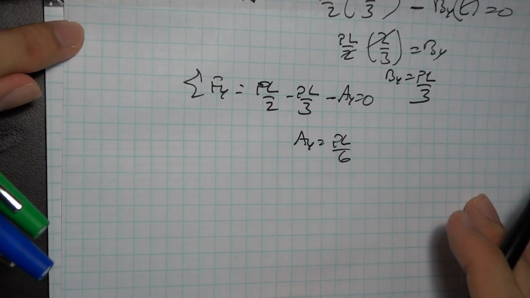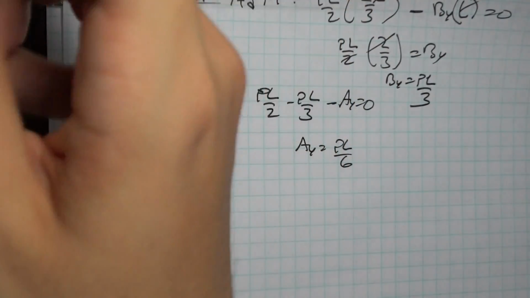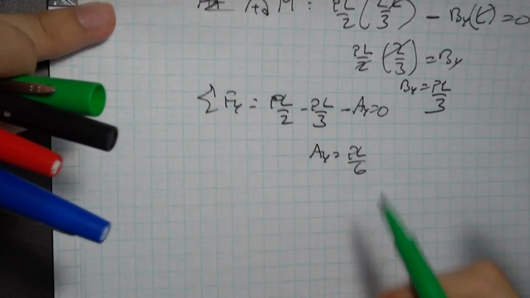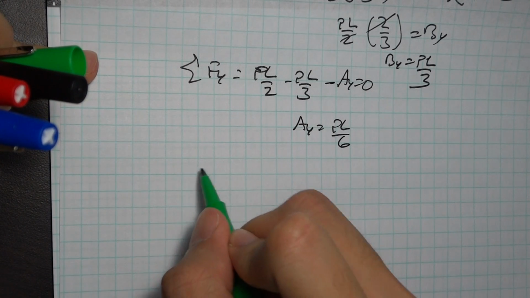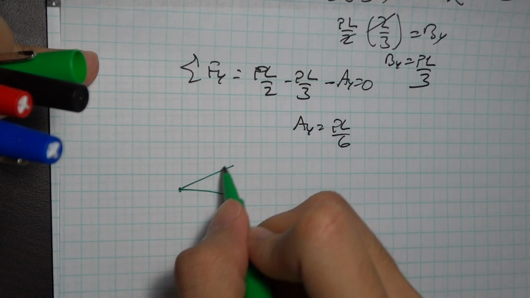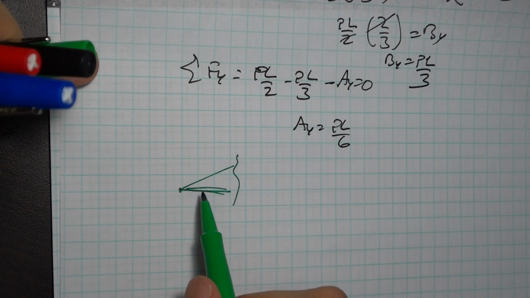Now that we have this taken care of, let's find our shear. Let me switch pencils here. Let's take a cut. When you take your cut, you always want to start at the vertex.